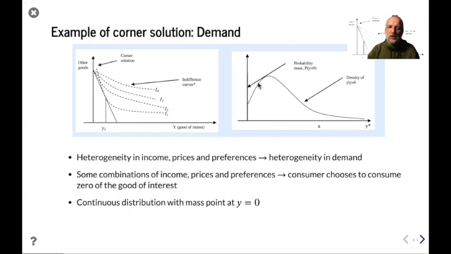And then there's going to be a smooth distribution that arises from various combinations of income and prices and preferences for the people who are actually demanding a positive amount of that good. So you get a continuous distribution with a mass probability at 0. That's the structural interpretation of this demand example, and why you could observe a positive probability mass at one point, whereas you have a continuous distribution throughout the rest of the distribution. And of course, there's no negative, right? So there's no mass out here.